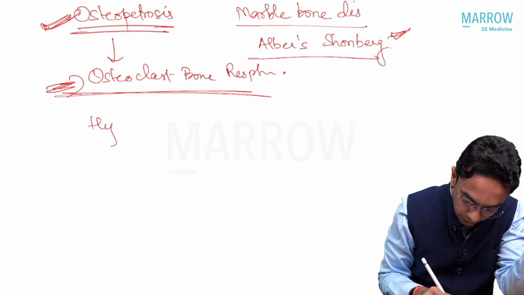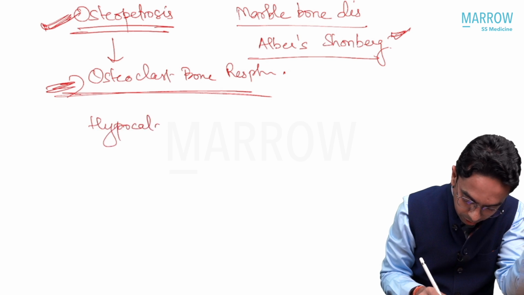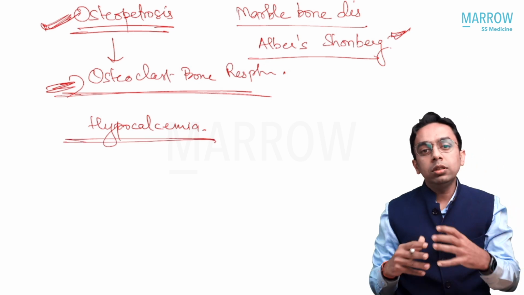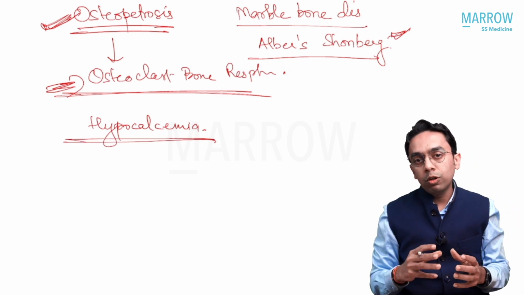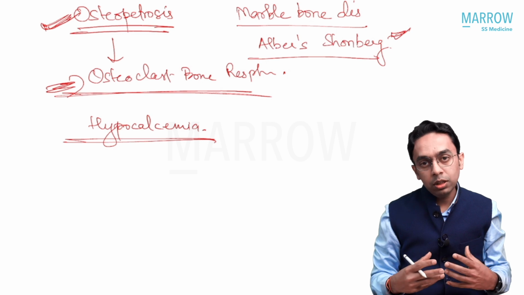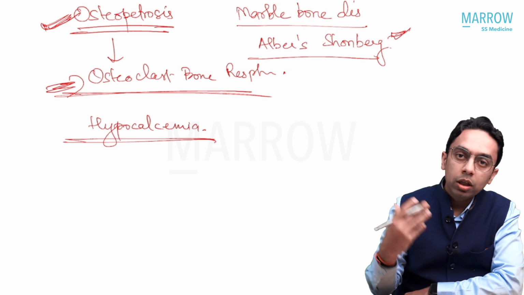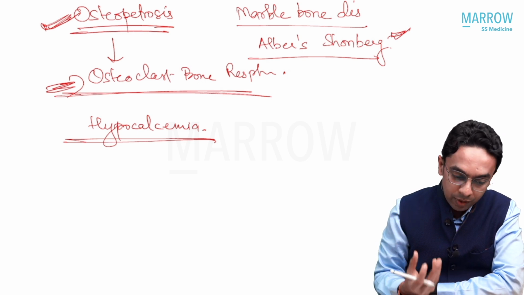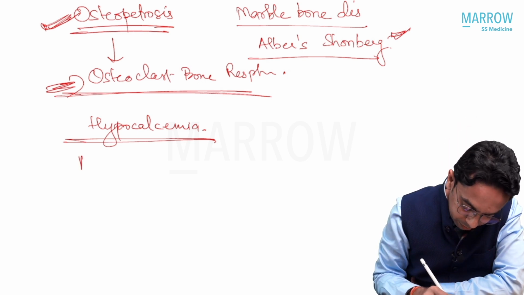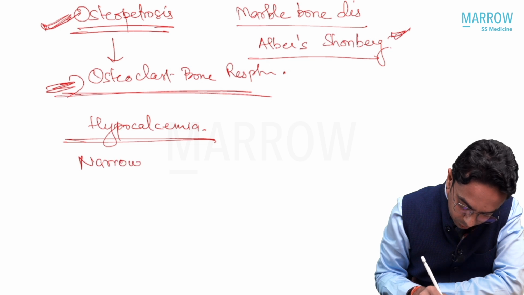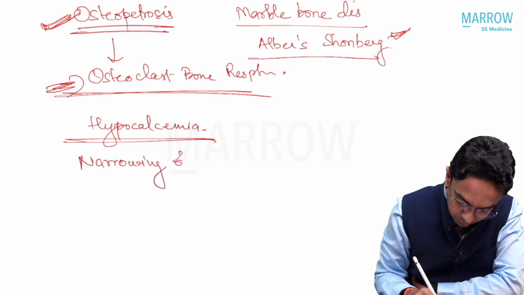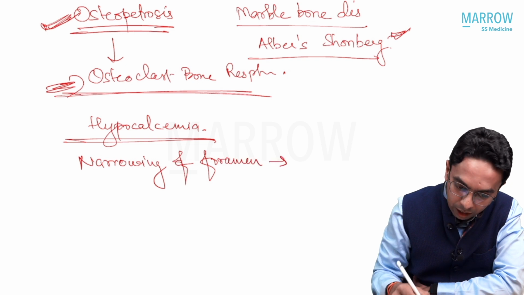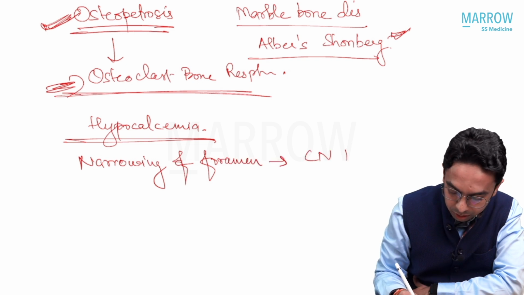The patient can have hypocalcemia. Now, since there is no remodeling of the bone because there is no resorption, there can be narrowing of all the foramina. So these patients can have cranial nerve palsies.